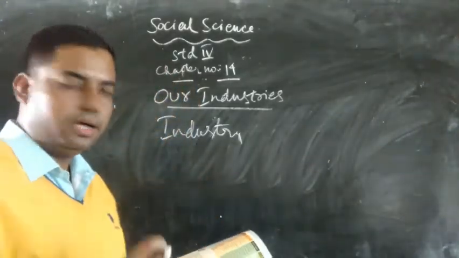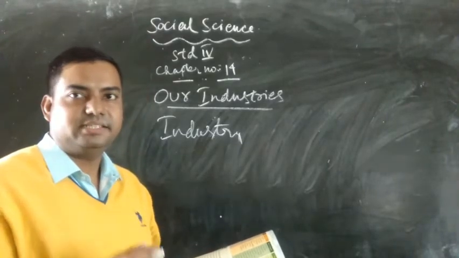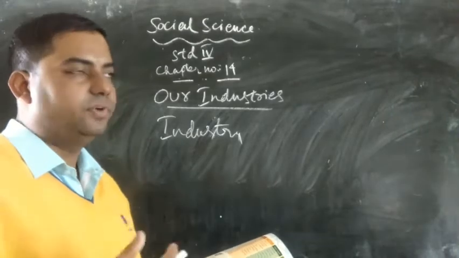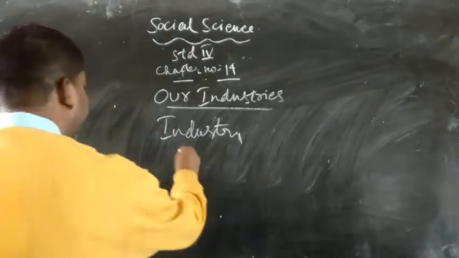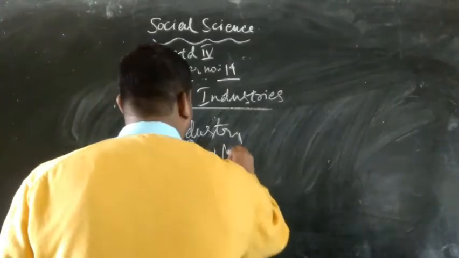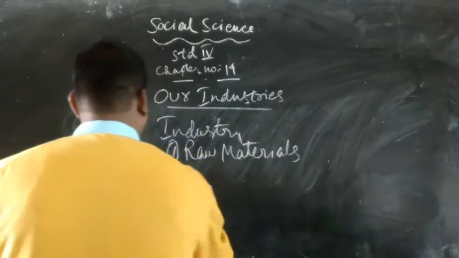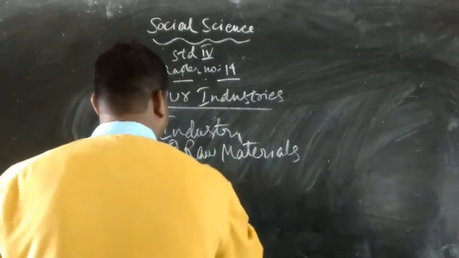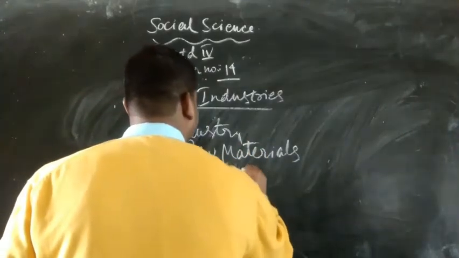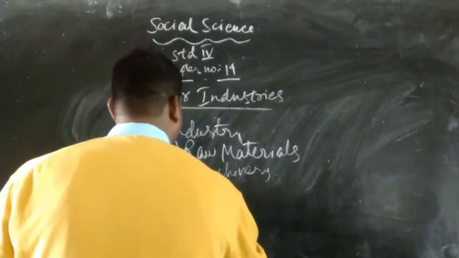Now we have a small box-like structure on page number 98, which tells us what are the factors that are needed for starting any industry. The first factor is raw materials. Raw materials are those materials which we get from nature. The second is machinery, that is the machines which we need. The third is labor, that is human labor.